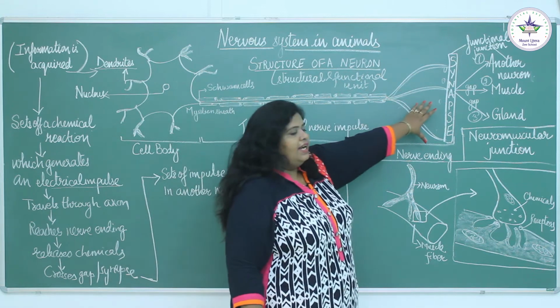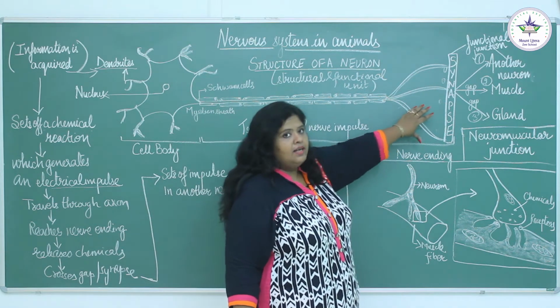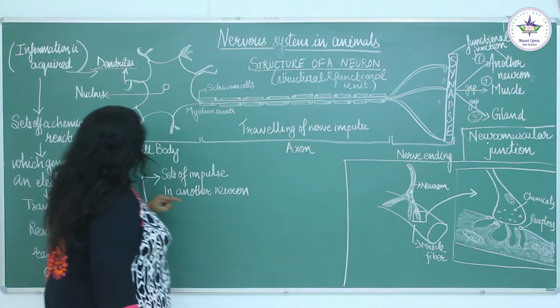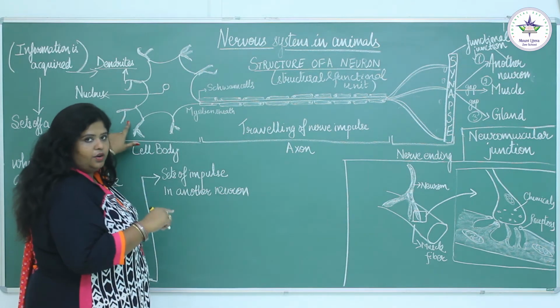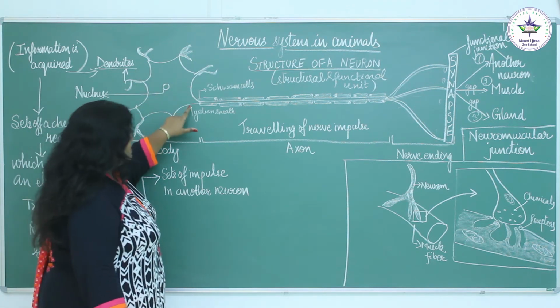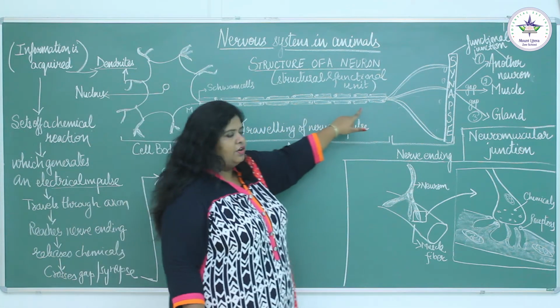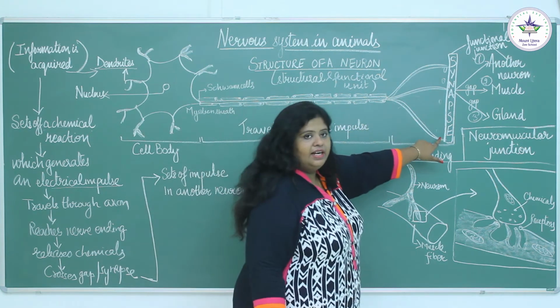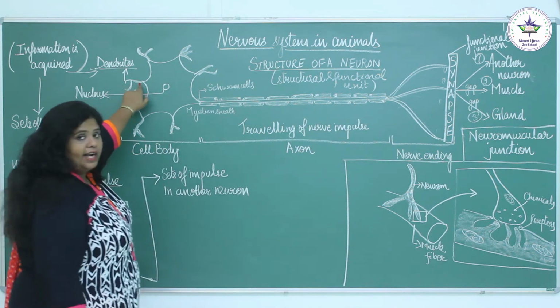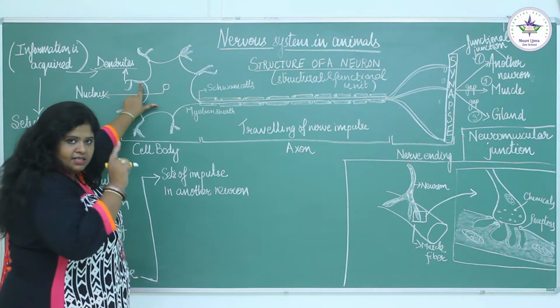When this nerve ending ends on another neuron, there will be a connection of this nerve ending with the dendrite of another neuron. So what will happen? A message is released here. The message travels through your axon. It reaches the nerve ending and it touches the dendrite of another neuron. So the message is being transferred.